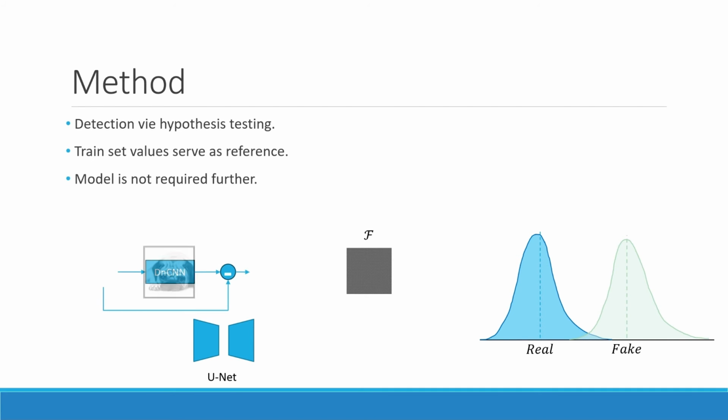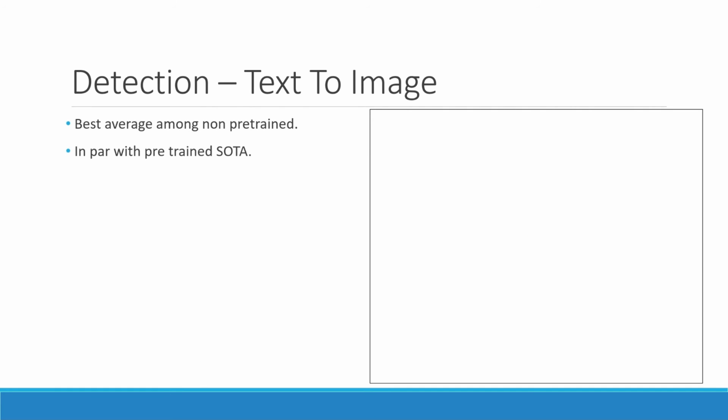Then for each test image, we take the image, calculate the correlation as before, and check the distance between the means of these populations. In this case, the value will be close to the mean of real images. If we take a fake image, we'll see that the correlation value will be close to the mean of fake images.